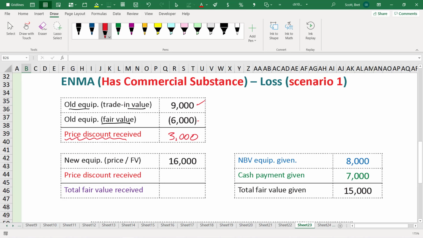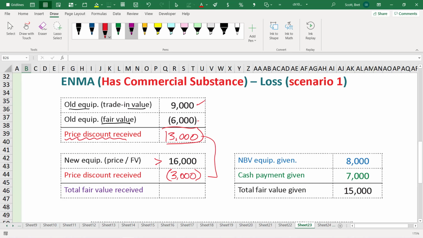But if this price discount is extra value that I'm being given in return, then essentially the new equipment may have a price of $16,000, but the seller's giving me a discount of $3,000, an excess in trade-in value than he necessarily needs to.